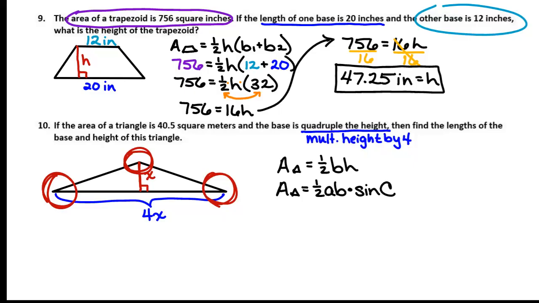Do we have degrees? No, we don't have any degrees, so we do not have an angle inside this triangle. That means I cannot use 1/2 AB sine C. We're going to have to use 1/2 base times height.